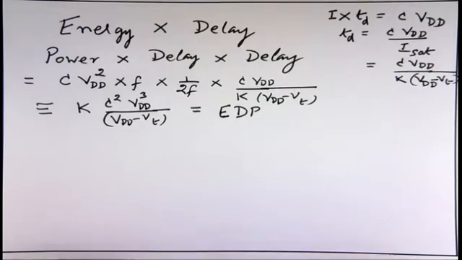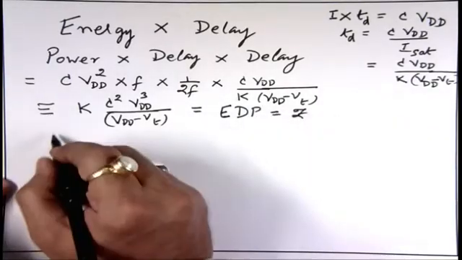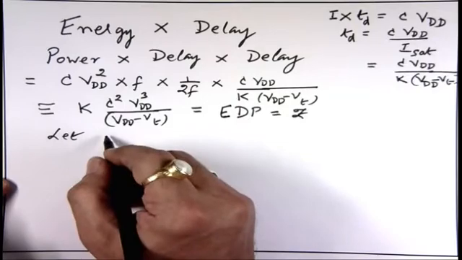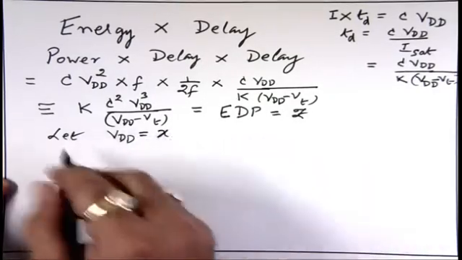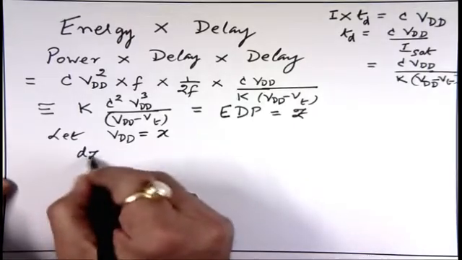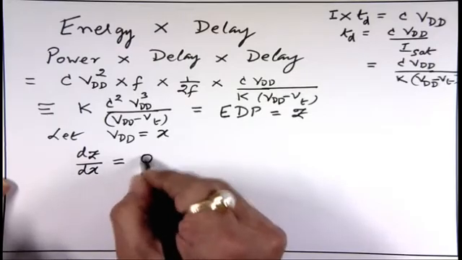That means we say that the energy delay product is a better metric than the power delay product when we try to compare different designs. Now, the energy delay product we should always make an effort to optimize, that means minimize. So allow me to write EDP in short as Z, and VDD as the dependent variable X. So dZ/dX, we differentiate and set it to 0.